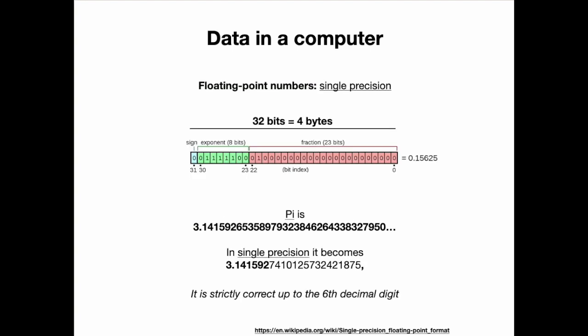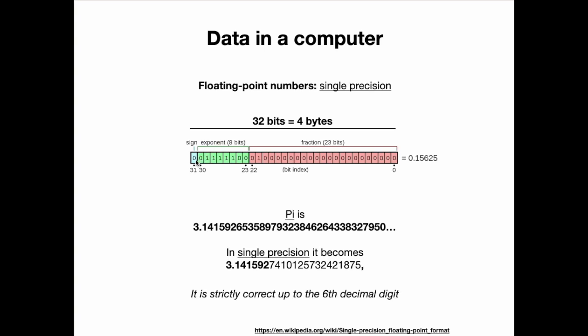Now, let's go to floating point numbers. So the floating point number is a number that has a fractional component. They can be represented using 4 bytes, for example. So if you take 4 bytes, this would be a total of 32 bits.